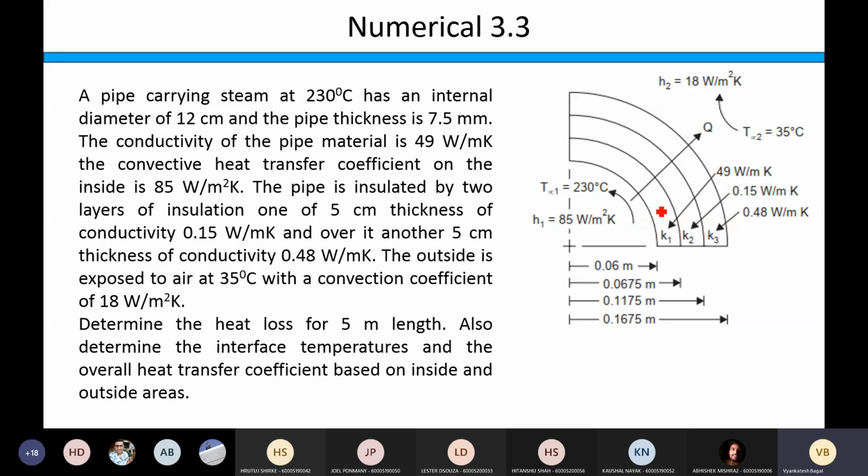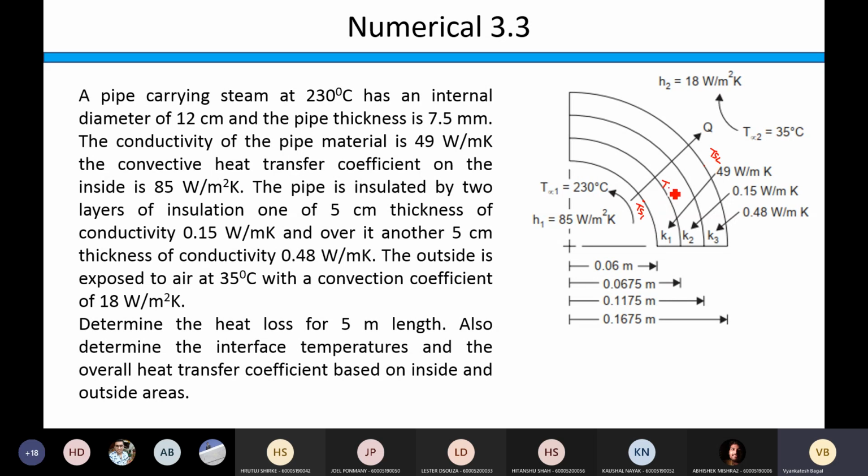So for the sake of simplicity, whatever temperature notations you have to use. The inner is given T infinity 1, then T infinity 2, or you can use our same notation like TS1 and this as TS4. So this will be how we have used the notation.